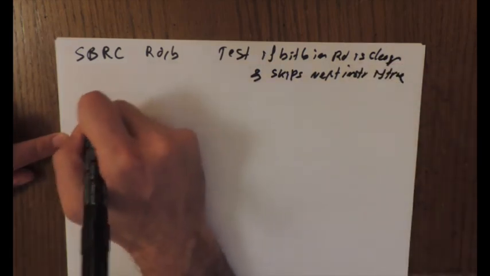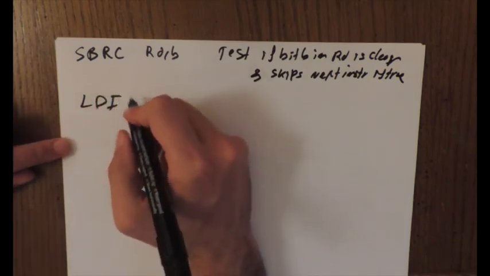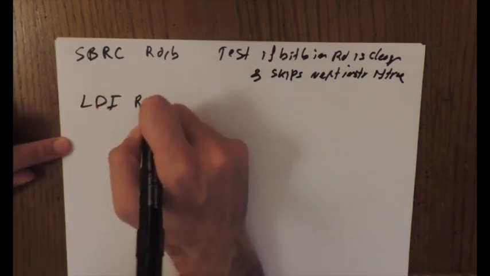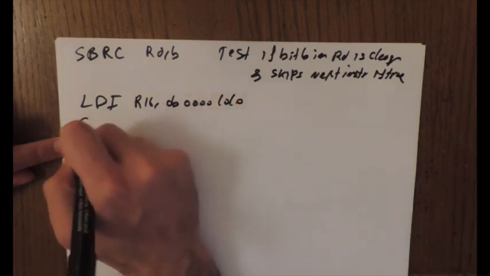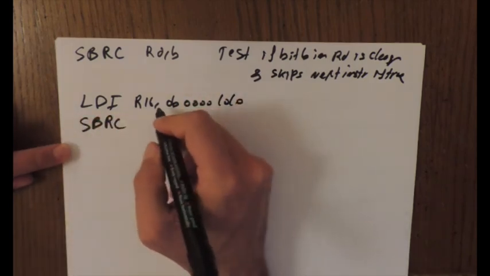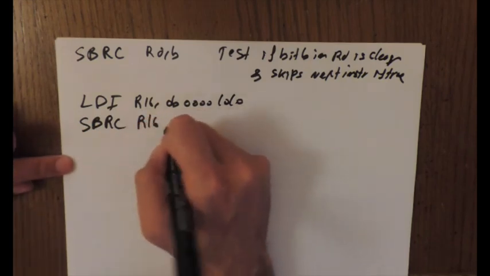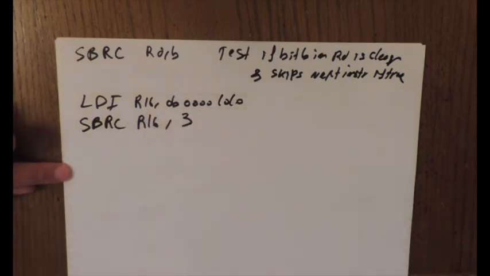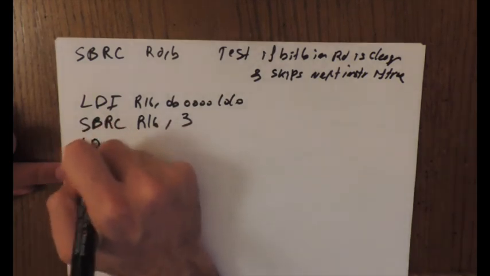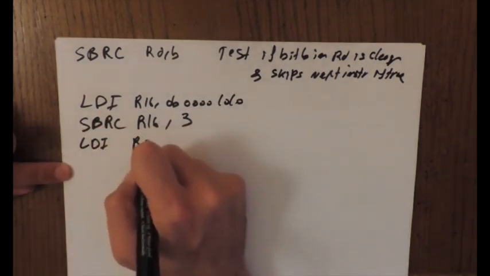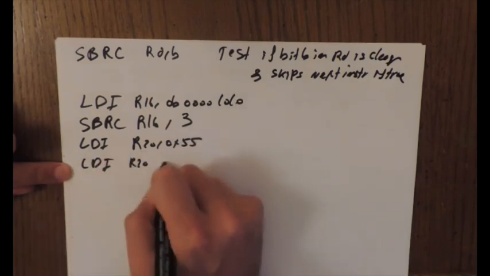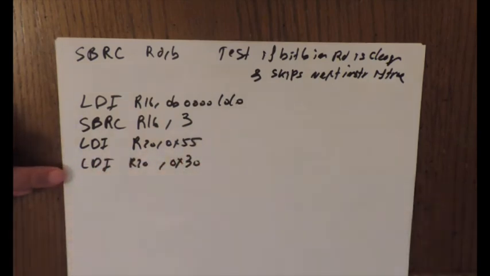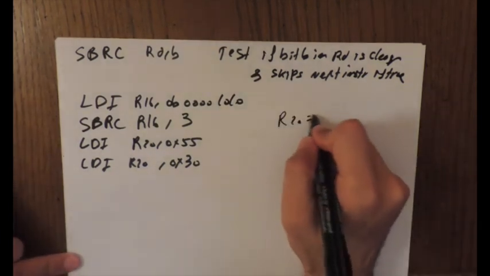So let's take this problem again. We have LDI R16 with 0B1, and we say SBRC R16, and if we place here 3, then LDI R20 0x55, LDI R20 0x30, and I ask you, what's the outcome of R20?